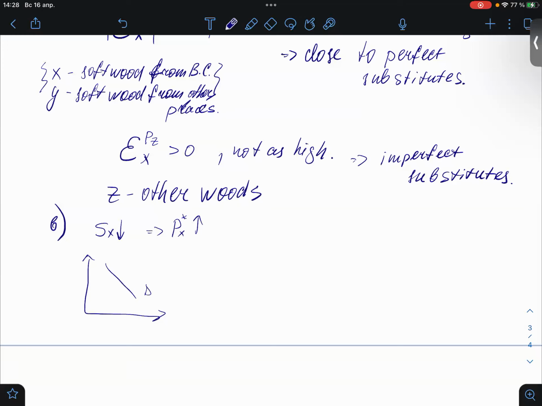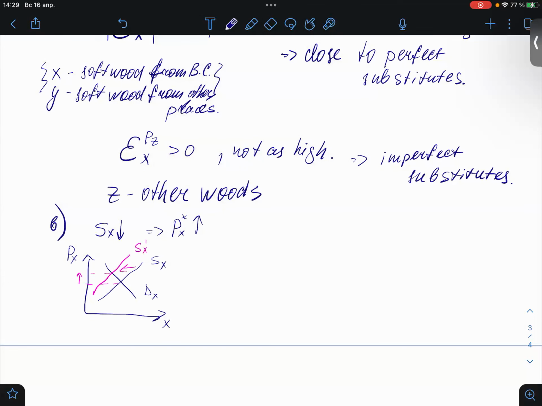This is the demand for good X, here the price of good X. This is the supply of good X. And now we supply less. So for each price, the quantity supplied will be lower. So this is supply for good X prime. And you see that the equilibrium price will go up.